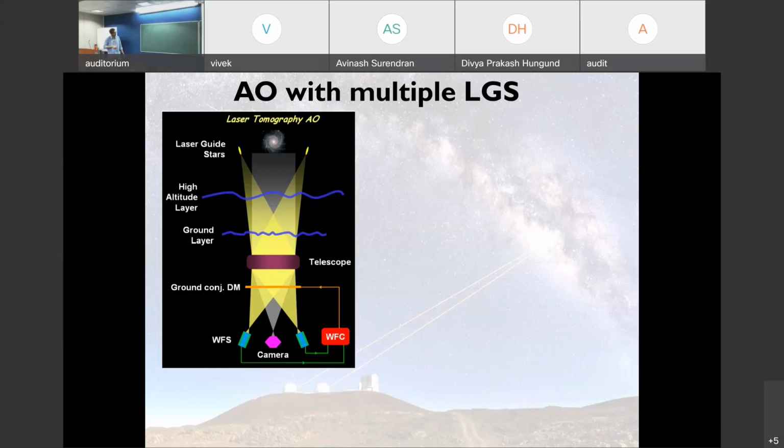Instead of just one wavefront sensor to one deformable mirror, now you have multiple wavefront sensors creating the actuator output for one deformable mirror. And these actuator outputs are calculated so that they are optimized in the direction of the science object, not in the direction of the laser guide stars. So that's how tomography works. You reconstruct the atmospheric turbulence information in between the guide stars and then optimize the correction for the central source.